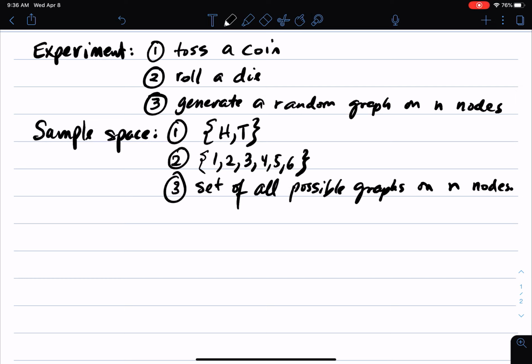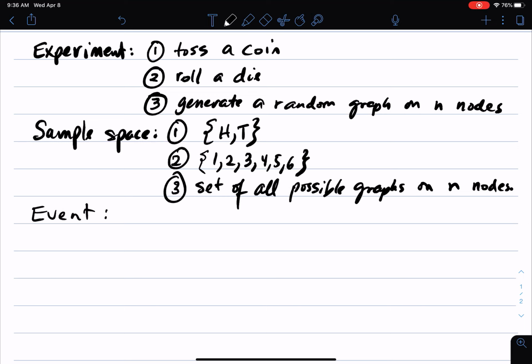Okay, the last concept we're going to talk about is the concept of an event. While the sample space is the set of all possible outcomes of an experiment, usually in probability theory we don't talk about the probability of all these outcomes. This is not what we are interested in. We are usually interested in the probability of certain outcomes. For example, when I toss a coin, I ask: what is the probability that I get a head?